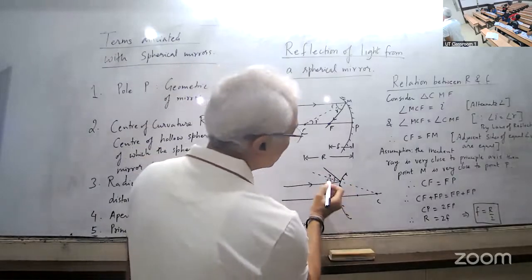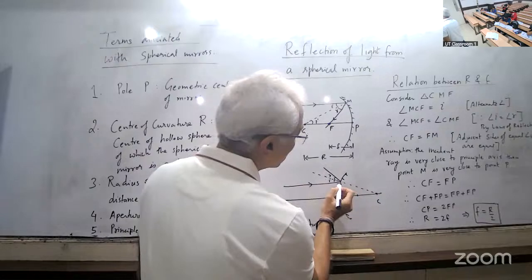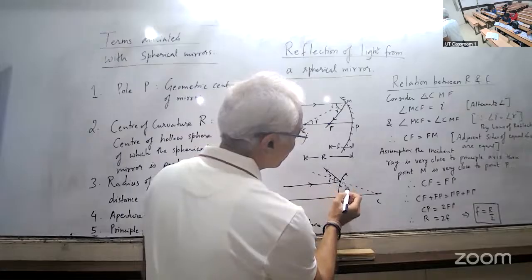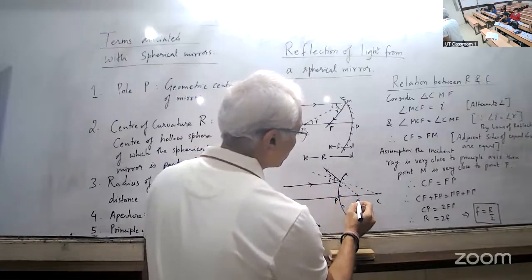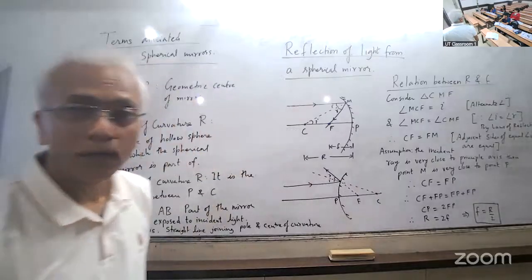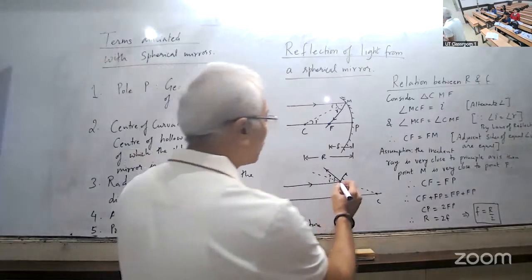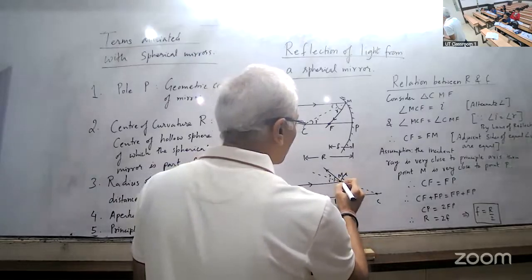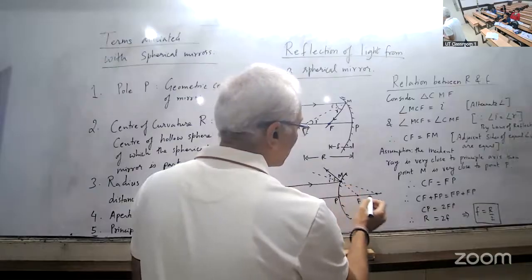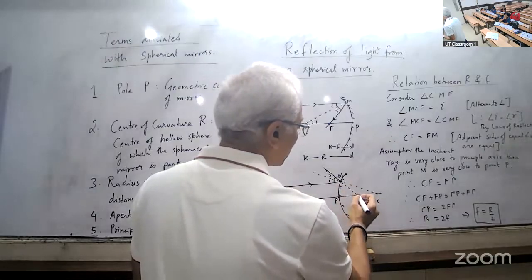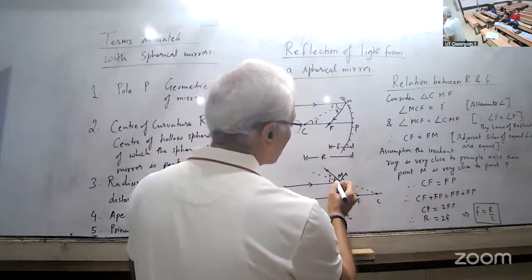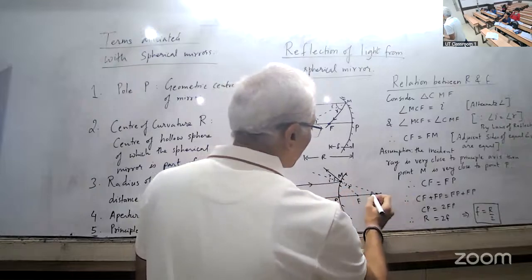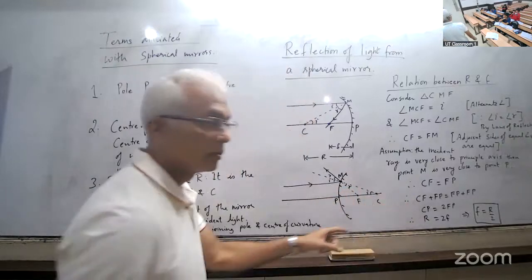Now, since it is behind the mirror, this reflected ray, you will assume that it is coming from where? It is coming from M. Again, if we call this point M, this point is N. Here, you are getting CMF as well. Now, if this is R, this is also R. And these are parallel lines, so this is I. Correct?